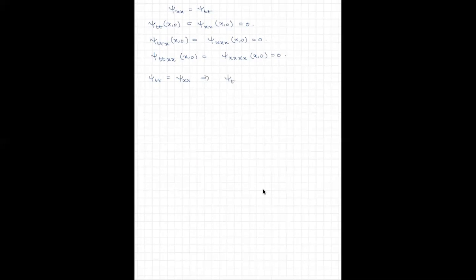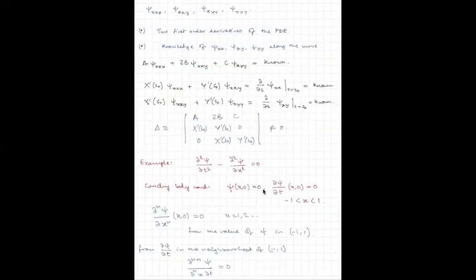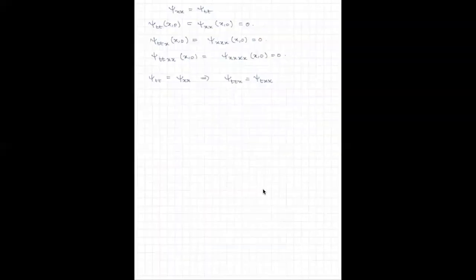So you will get psi ttt is equal to psi txx. Now, from the fact that you already know psi t of xx is equal to 0, this again will have to be equal to 0, right?